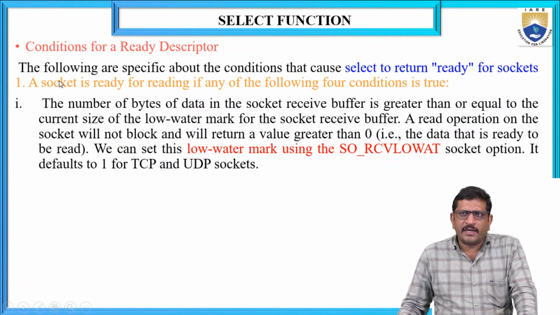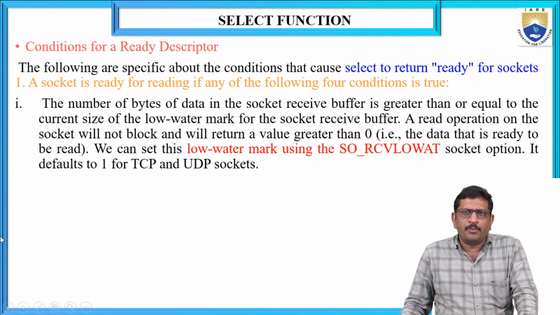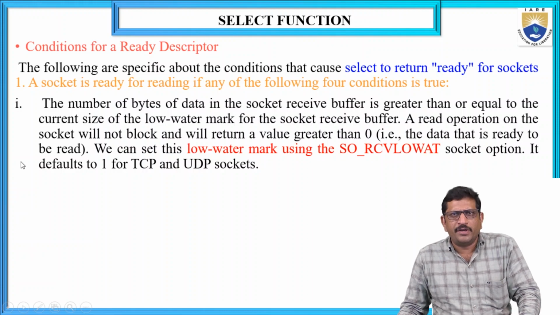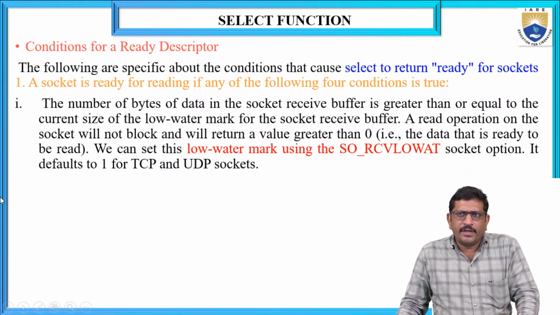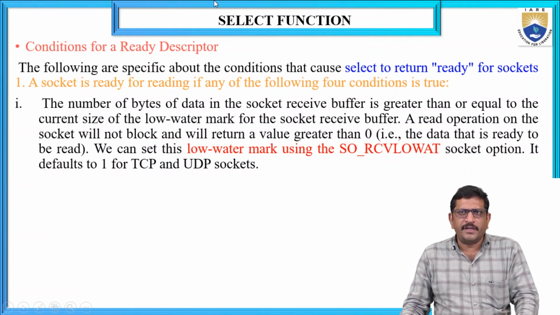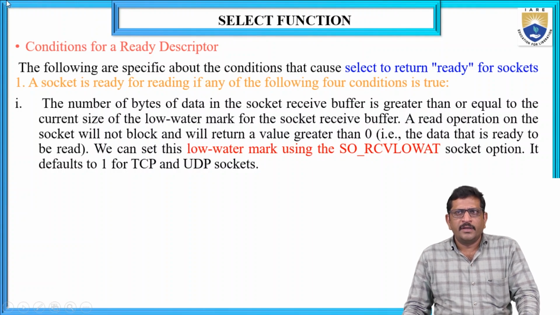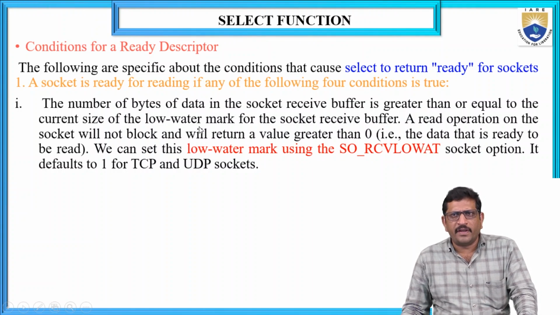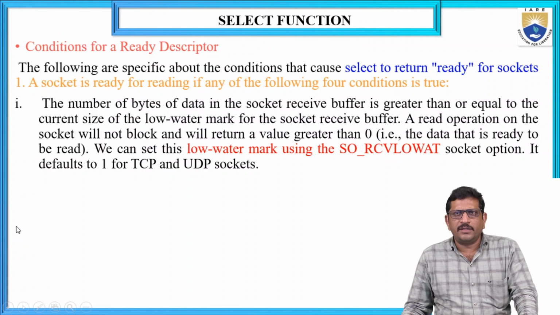With the help of these sockets we can effectively establish the communication between these two devices. What are the uses of the socket? Here a socket is ready for reading data if any of the following conditions are true.